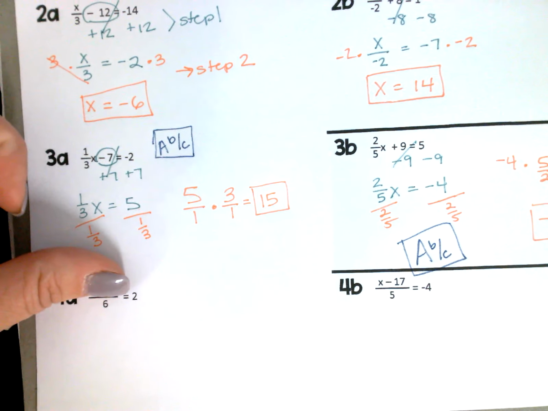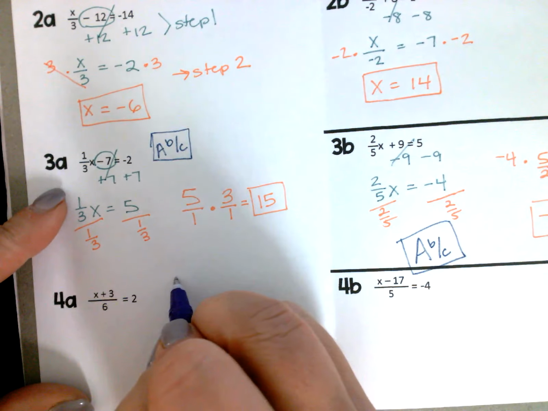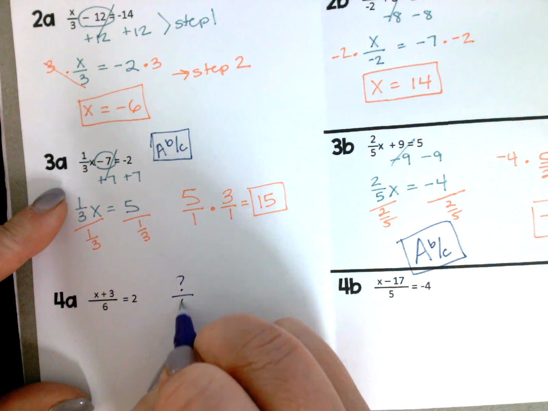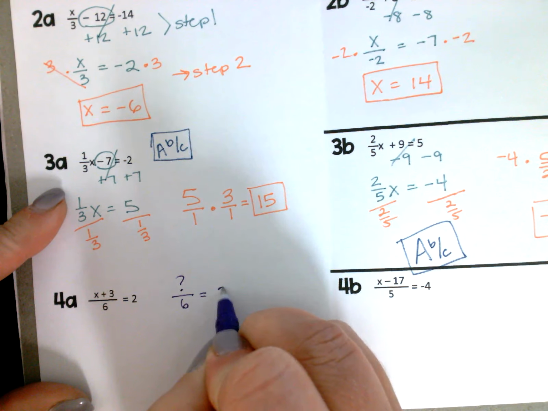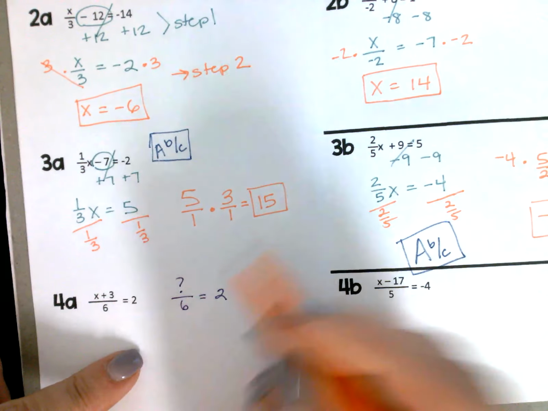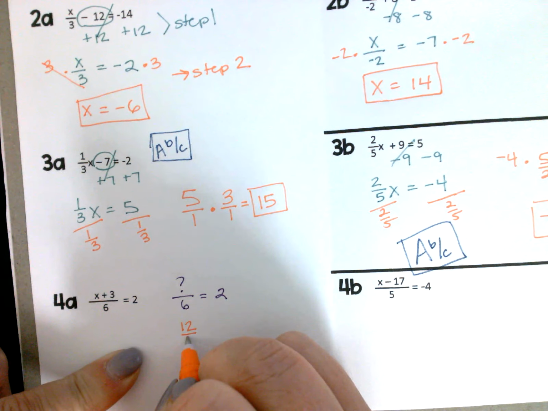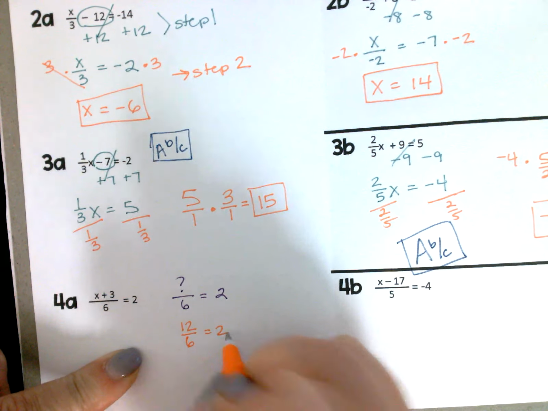Well, if I cover that up, what number divided by 6 equals 2? I'm hoping you said 12. 12 divided by 6 equals 2.